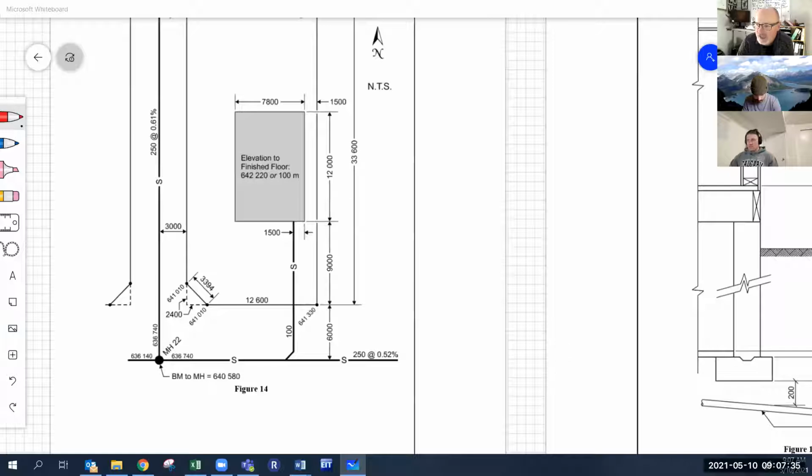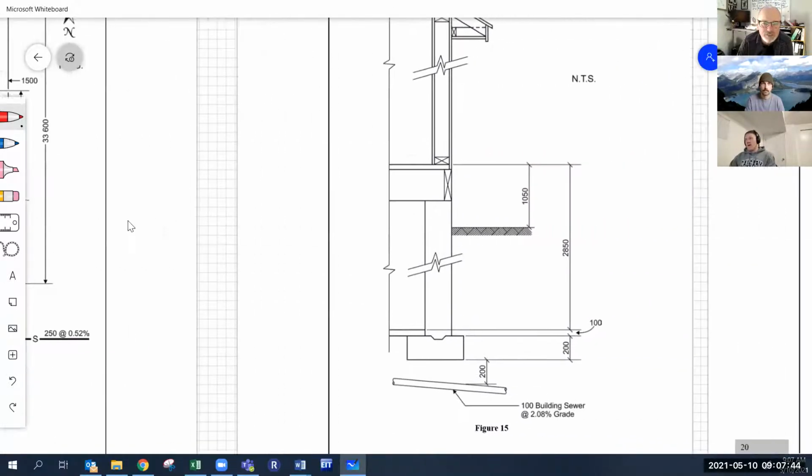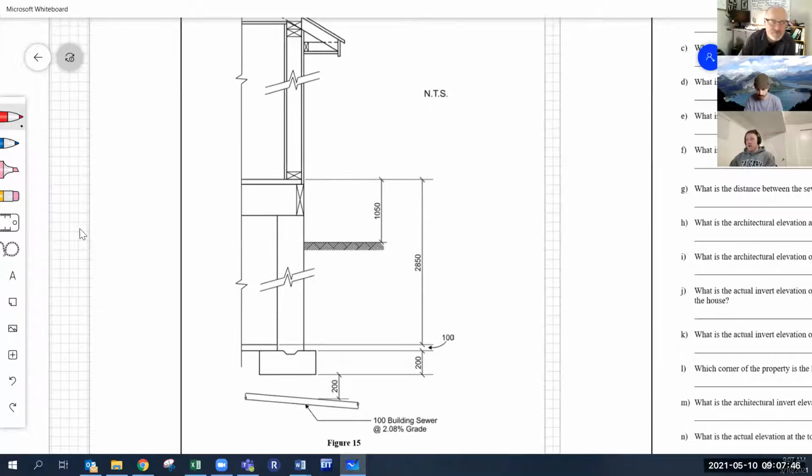What is the architectural elevation at the top of the basement slab? So we have to go to this picture next. Now, the architectural elevation here is 100 meters right here at the top of the finished floor. I want to know this elevation right here at the top of the basement floor or the basement slab.